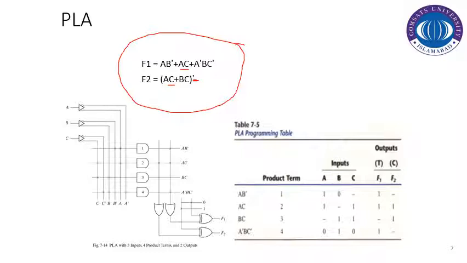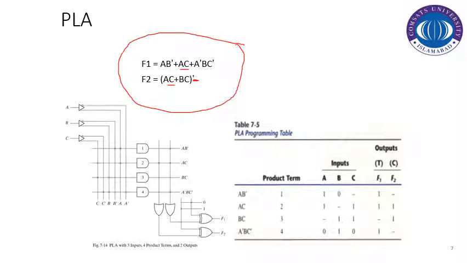If you see the implementation diagram of the programmable logic array here, since both functions f1 and f2 have three inputs, a, b and c, we are using these buffers. These buffers provide the input in its normal form as well as in complemented notation.